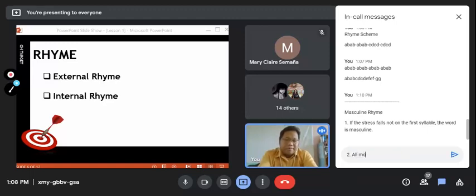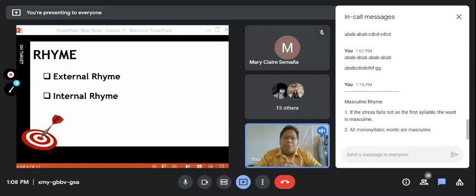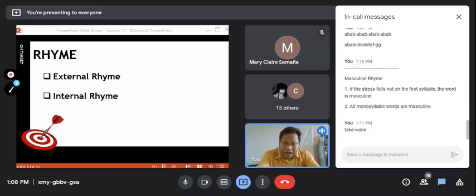Second condition, all monosyllabic words are masculine. Take for instance the word take, wake. Both words are monosyllabic.